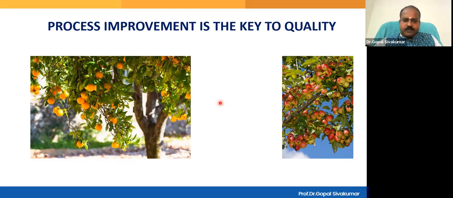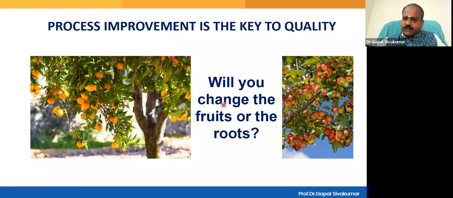Every single time your discussion is about bettering your result, make sure the process is improved. Unless and until you improve the process, your results are not going to get better, isn't it? So process control will ensure consistency, but process improvement can only improve your business results, right?